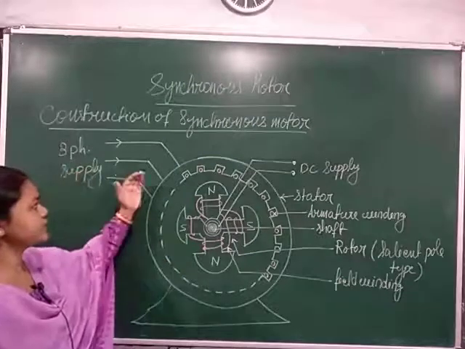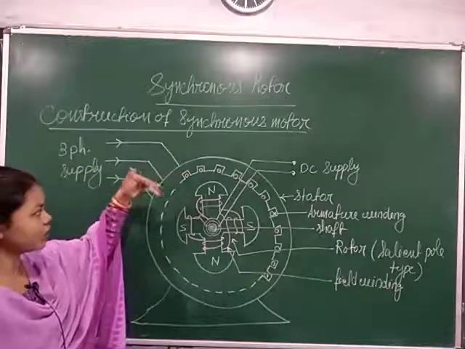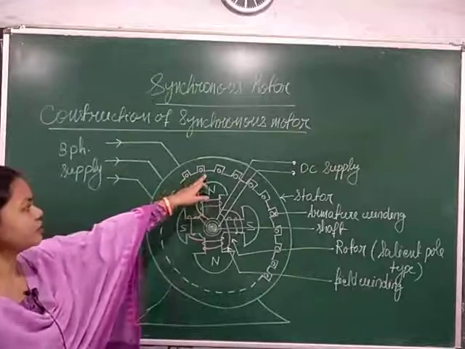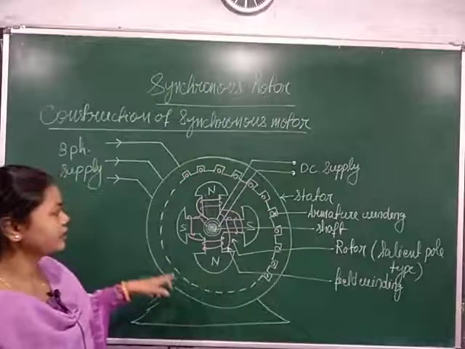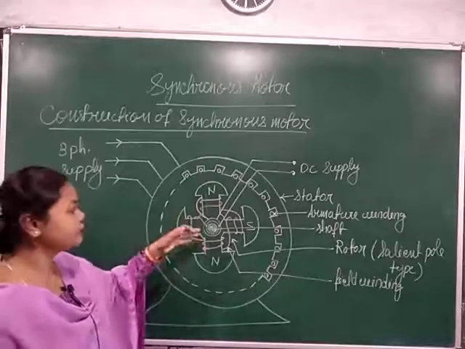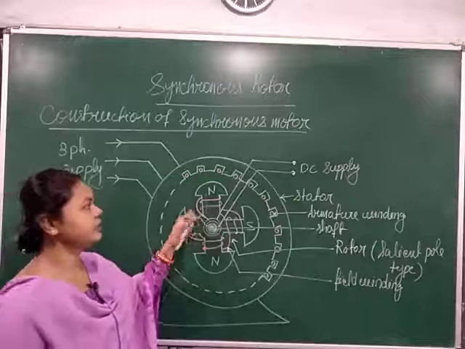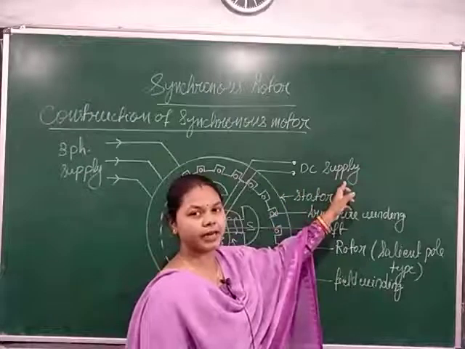Three-phase AC supply is given to the armature windings, which are housed in the slots of the stator. Now, how is the field excited? The field winding is excited by a constant DC supply.